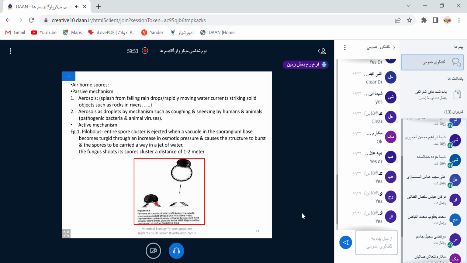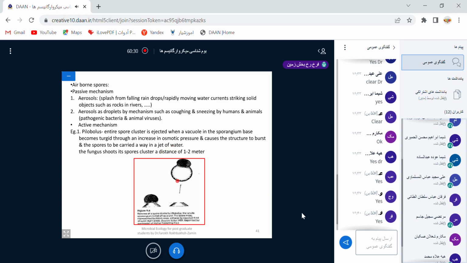Here you can see there is a place for spore production. Spore production is in this part, and inside it slowly fills with water. After some time, by absorbing so much water, the droplet of water containing spores shoots out like a jet.